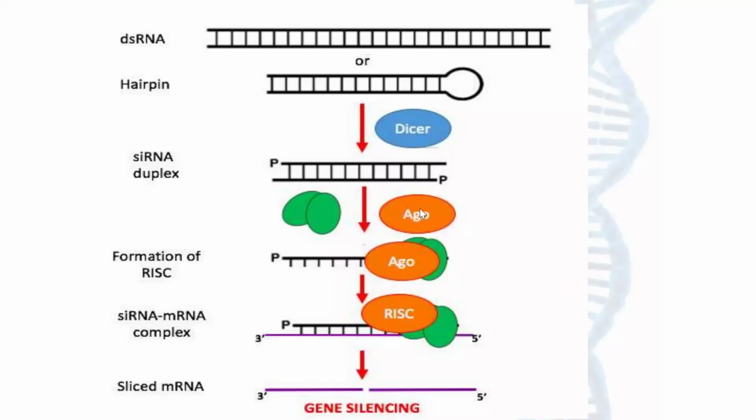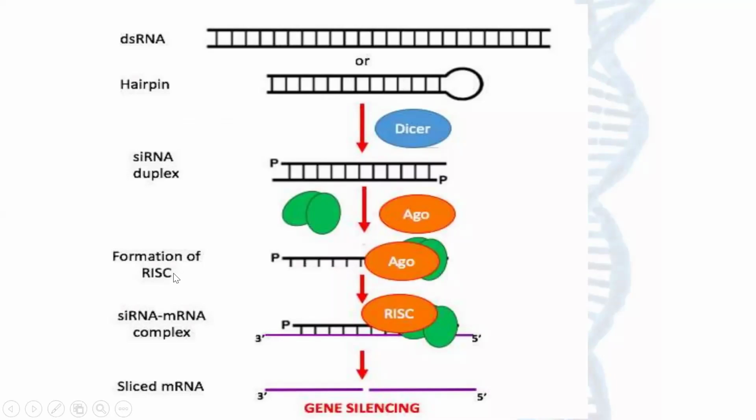Then argonaute, an enzyme, will unwind the double-stranded short interfering RNA into sense and antisense strands. Then the strand will form a complex with argonaute to form what we call the RNA-induced silencing complex.